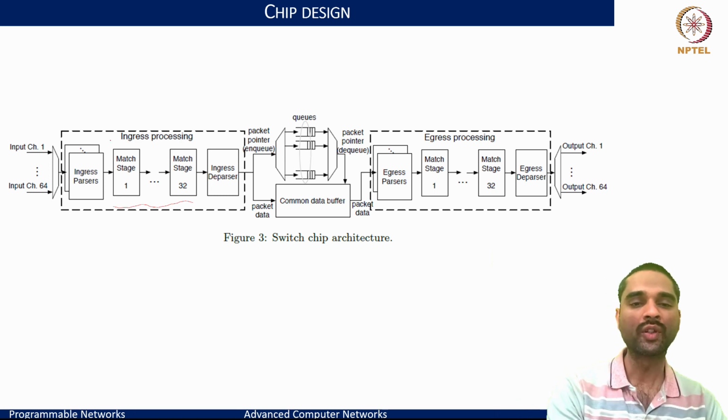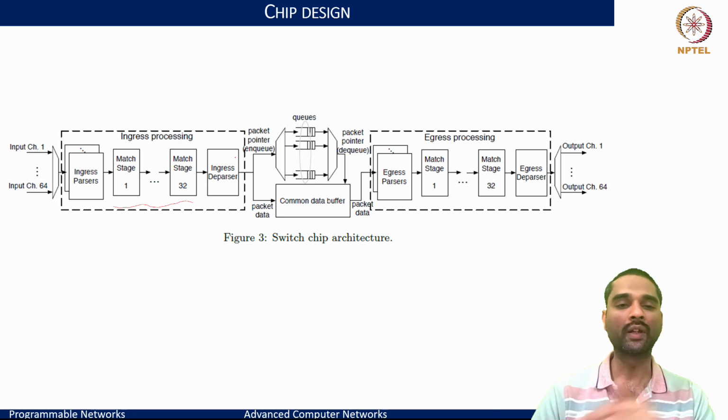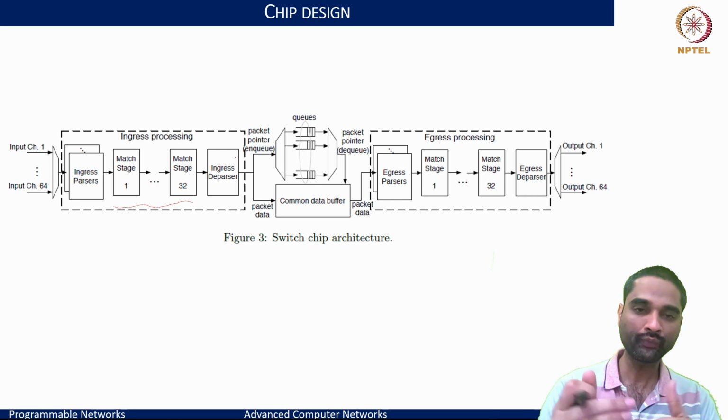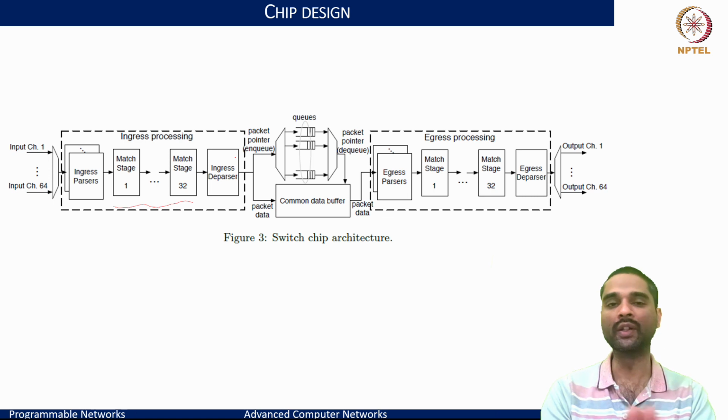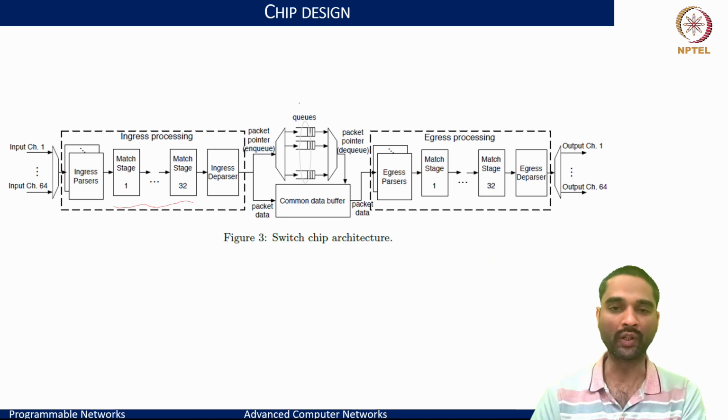And once the packets are processed and specific actions are being taken at each stage, you would deparse, or basically reassemble, the packet along with the content that it needs to process and enqueue it on any of the queues for further processing.